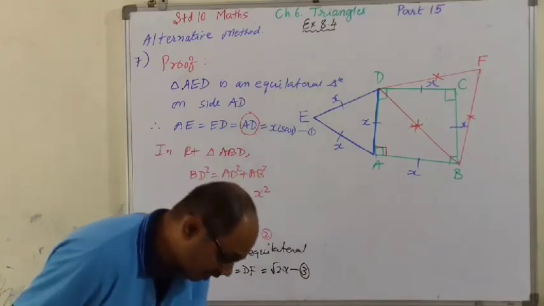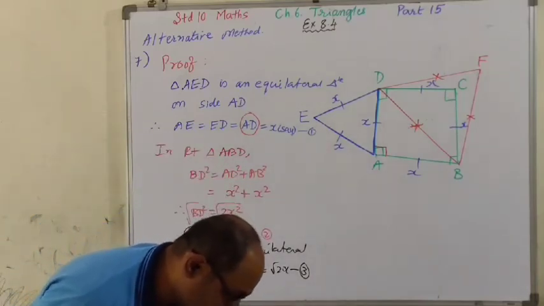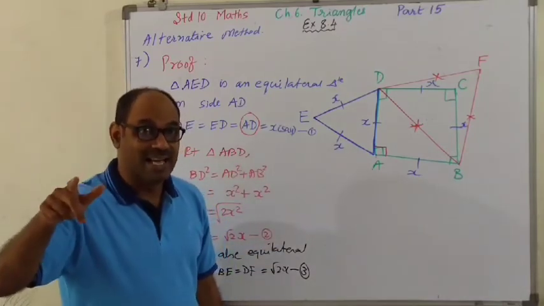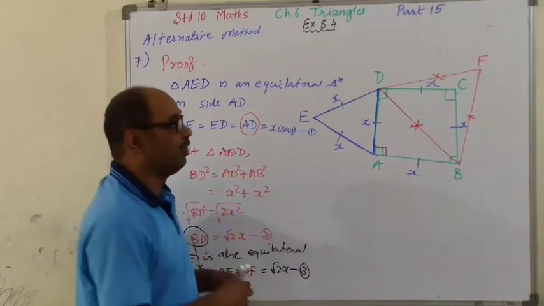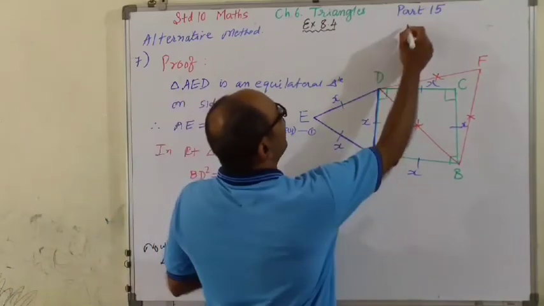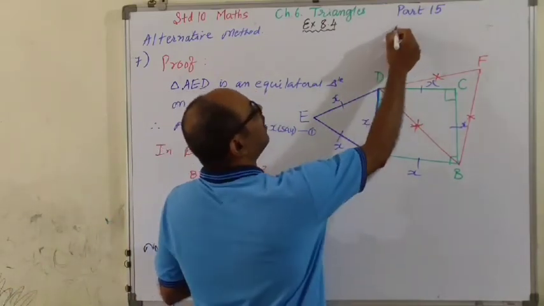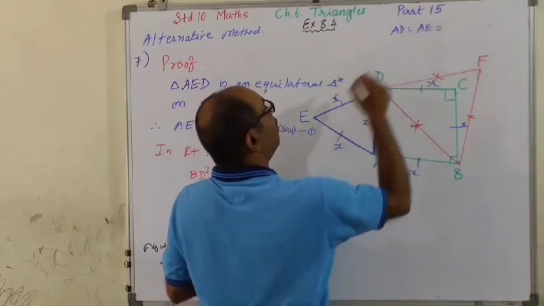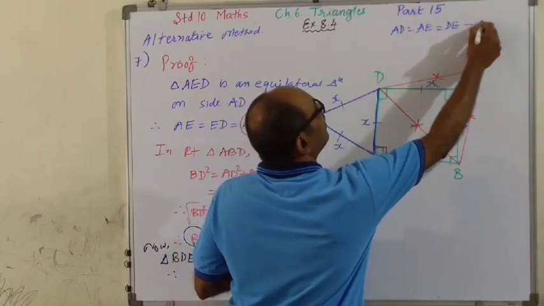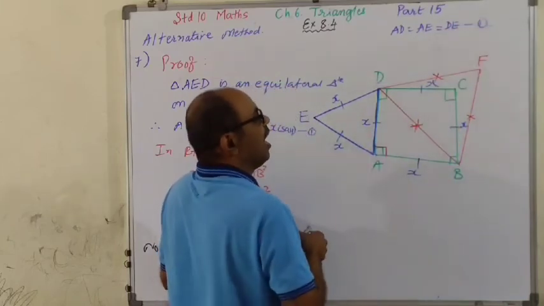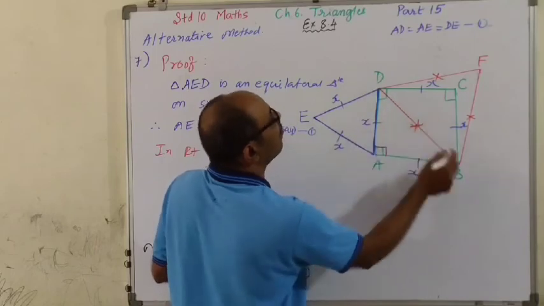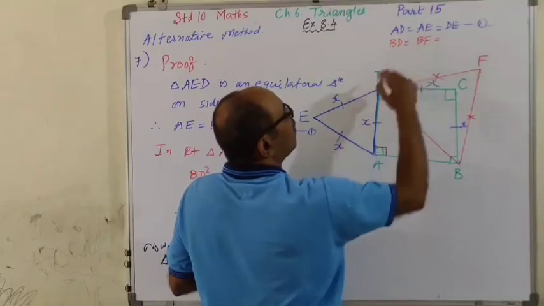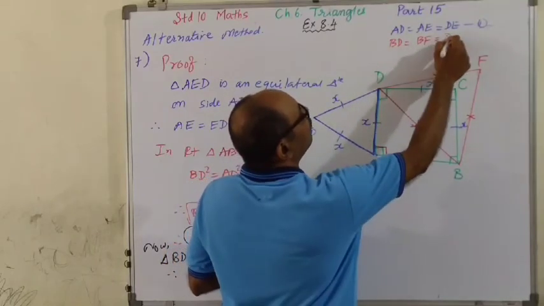Now children, the blue triangle and the red triangle are always similar because they are equilateral. By SSS, we are not going to write that, but I am showing you first. I'll take the sides first. AD is equal to AE is equal to DE. This is one result. For the red triangle, I'll take the diagonal first. BD is equal to BF is equal to DF.